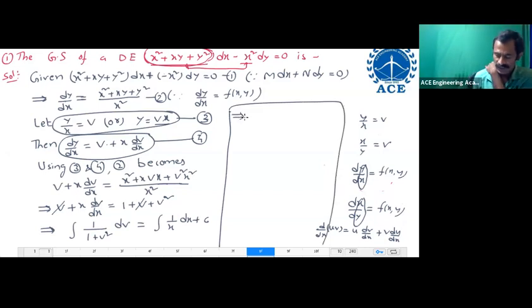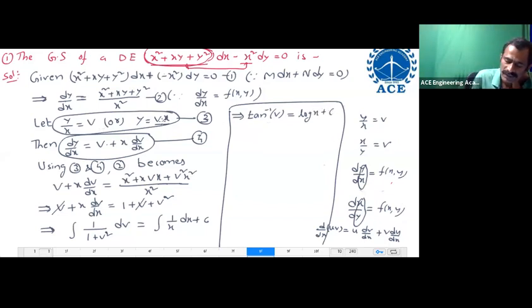Left hand side is in the form of integral of 1 by a square plus x square, or 1 plus x square. If it is integral of 1 by a square plus x square, then 1 by a tan inverse of x by a. If it is 1 by 1 plus x square, it means tan inverse. Tan inverse of v equal to, on the other side, log x plus c.